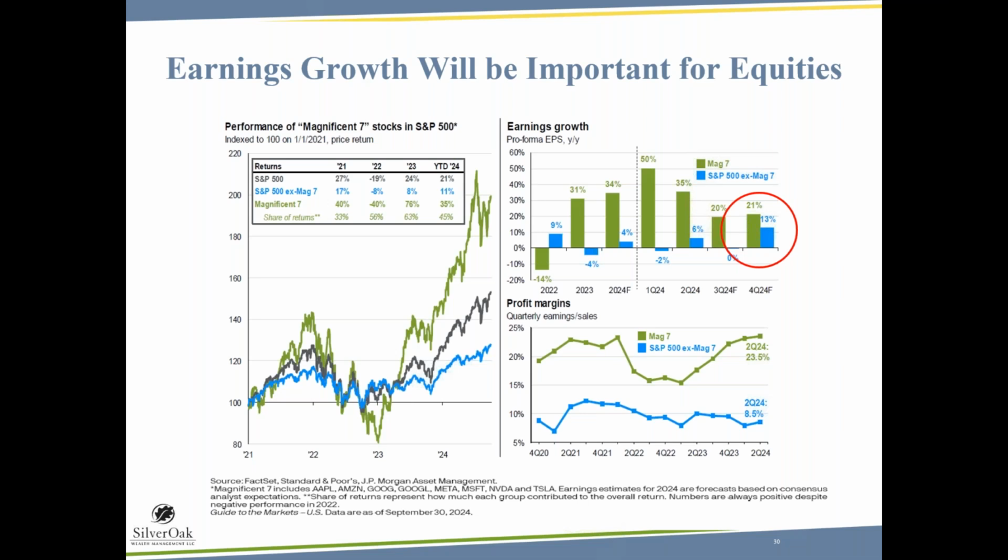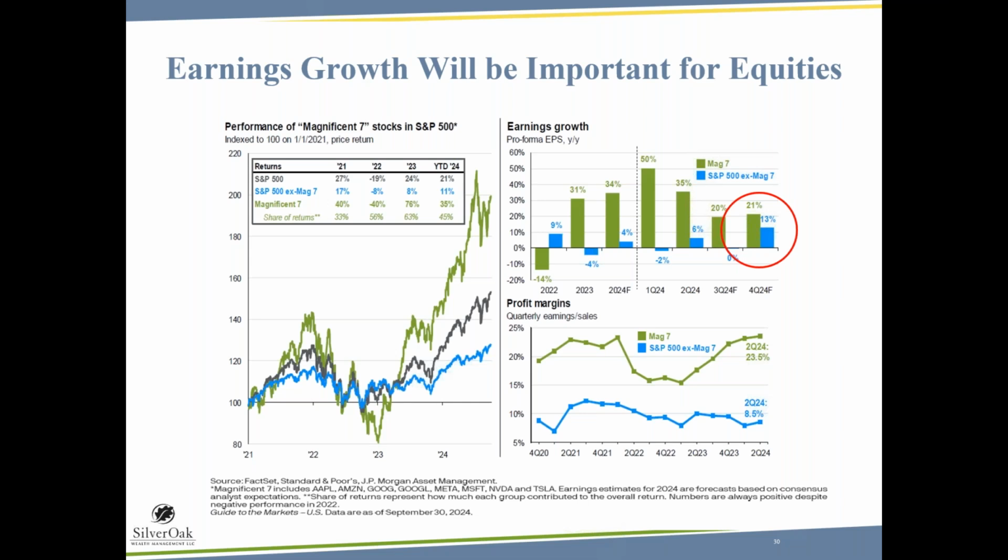So just to bring two slides together, earlier we talked about small caps going from -10 to +20. Here we're saying large caps, or at least the S&P ex Mag 7, are going from 0 to +13. Yeah, absolutely.